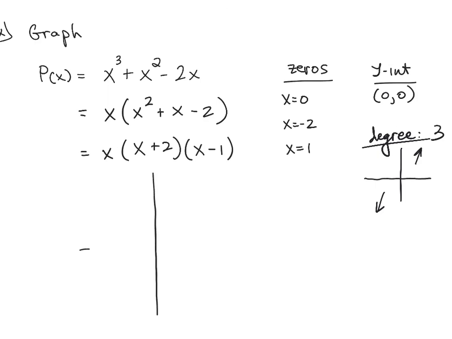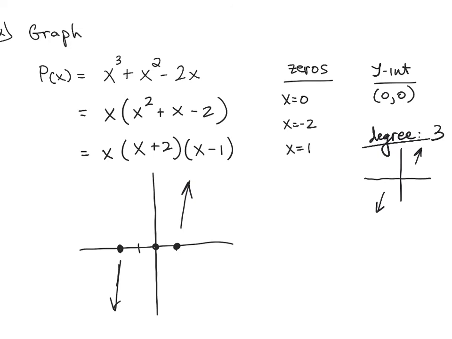So putting this all together on a graph, we have our x-intercepts of 0, -2, and 1, and we have our y-intercept there already. Right side end behavior is going up to positive infinity, left side end behavior is going down to negative infinity. None of the zeros have multiplicity, so they're all going to cross through the x-axis. None of them are going to bounce.